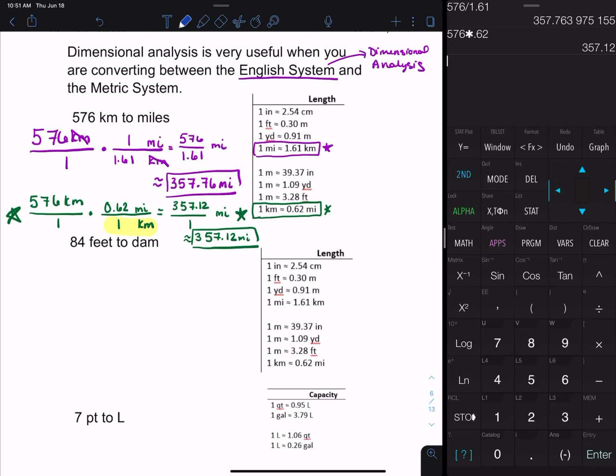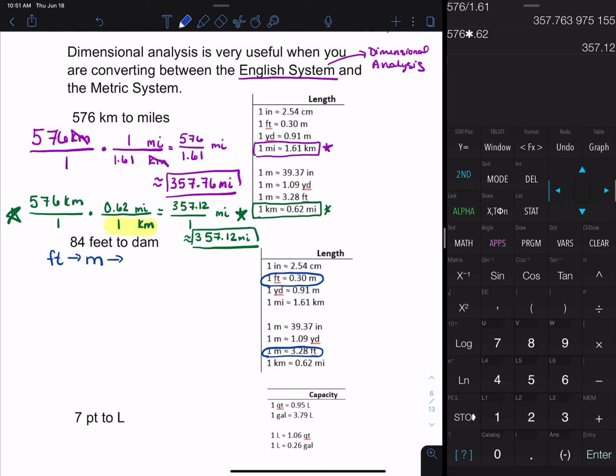So if I look at what I have that involves feet in my conversions, I know that 1 foot is 0.30 meters, or that 1 meter is 3.28 feet. So there's nothing that's going to go straight from feet to decameters. So if I'm trying to figure out what's going on, I can get from feet to meters.